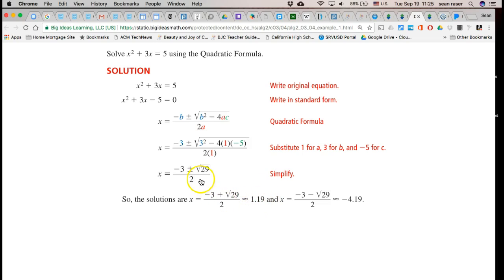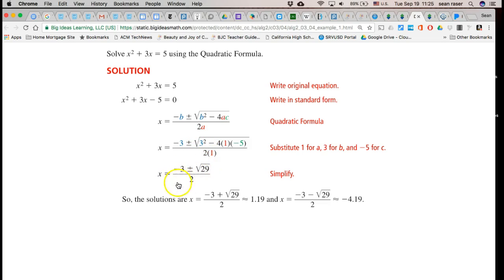Okay, so again, we get our a, b, and c values, which are 1, 3, and negative 5, and we simply insert those. So 1 for a, 3 for b, and negative 5 for c. And you always want to simplify what's under the radical first. Okay, so you do your 4 times ac, subtract that from b squared, then you have your radical.